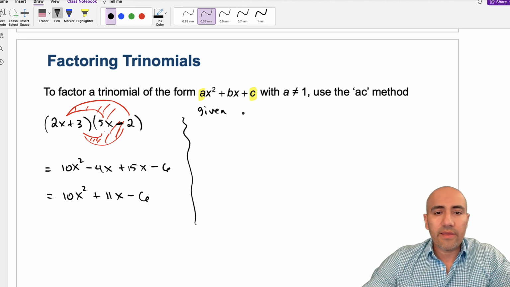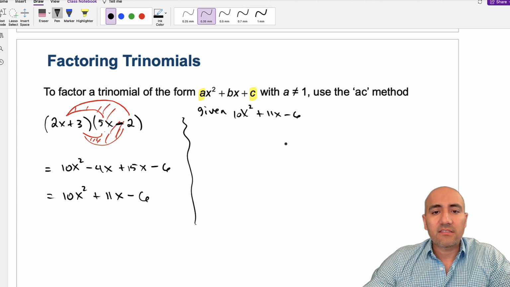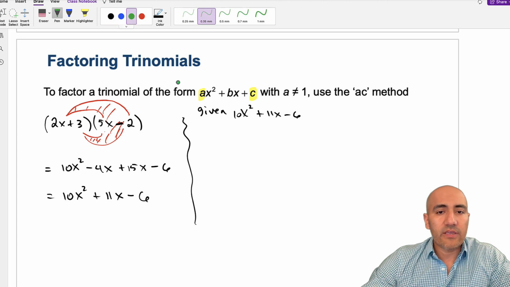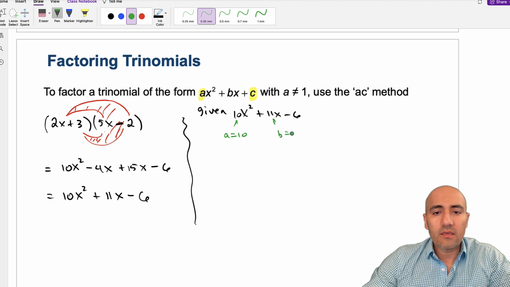So now, given that we have 10x squared plus 11x minus 6, we're asked to factor this. First, we're going to notice that it fits this form, right? So here, the a is a 10, the b equals 11, and carry the sign with it, the c is this negative 6.